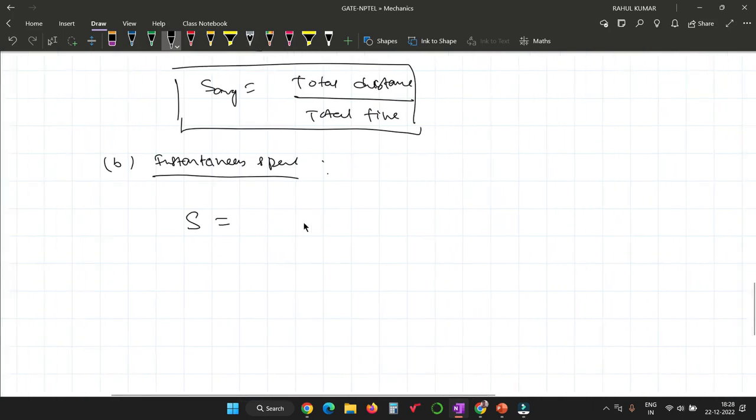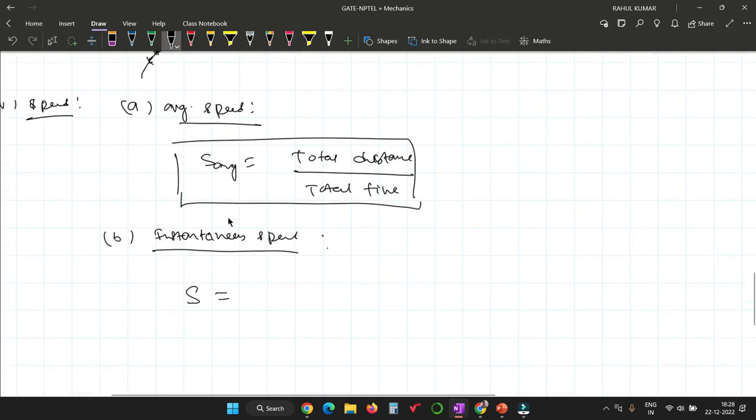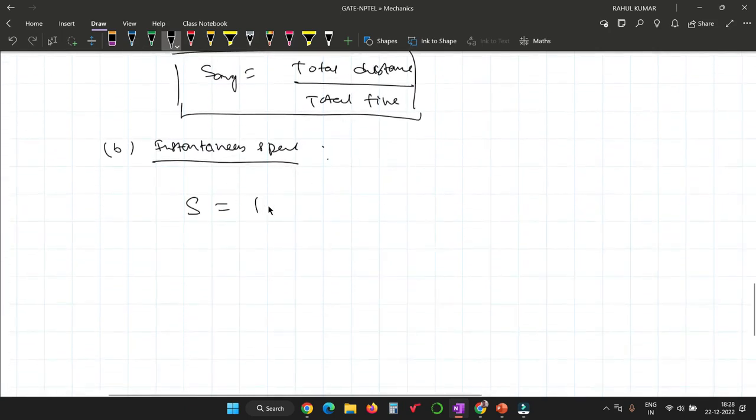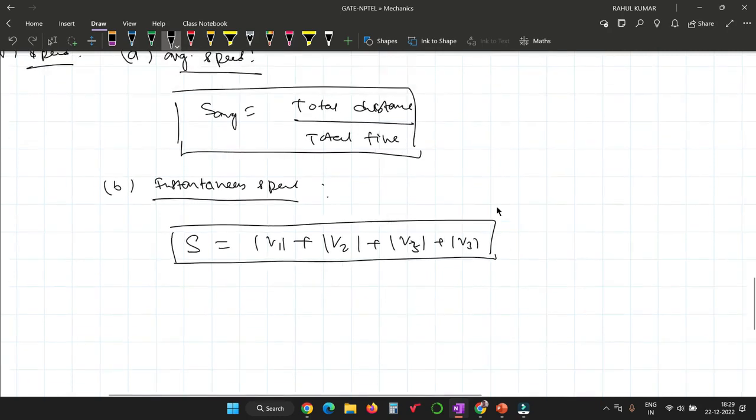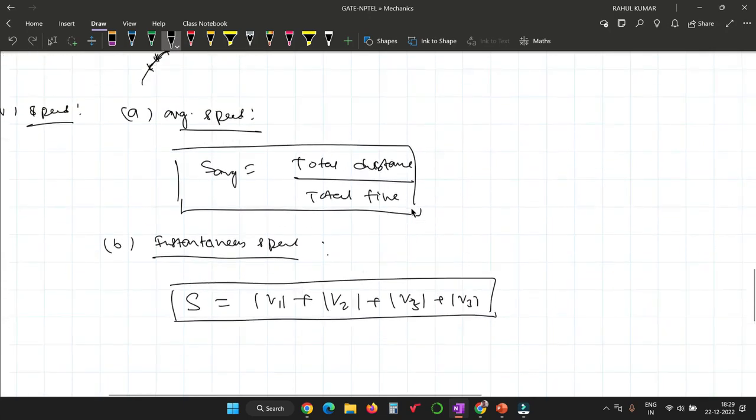Okay, so in the case of instantaneous speed, the situation is the same. You have to add every velocity. Okay, so this is the instantaneous speed. Sir, what are the velocities we are adding? In the definition of instantaneous speed, are we adding all the individual velocities?